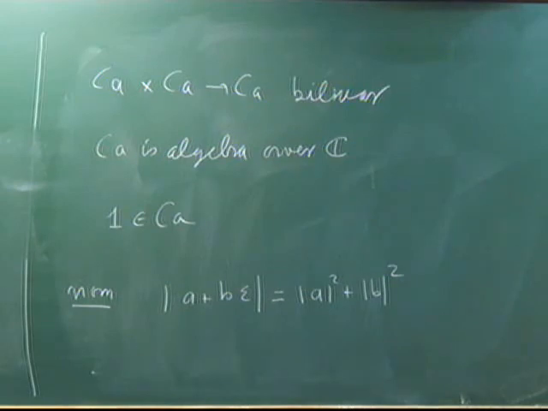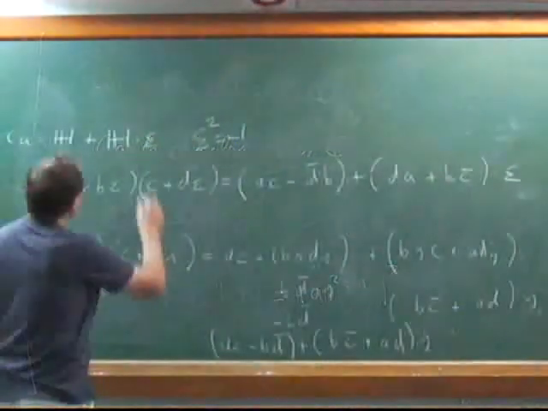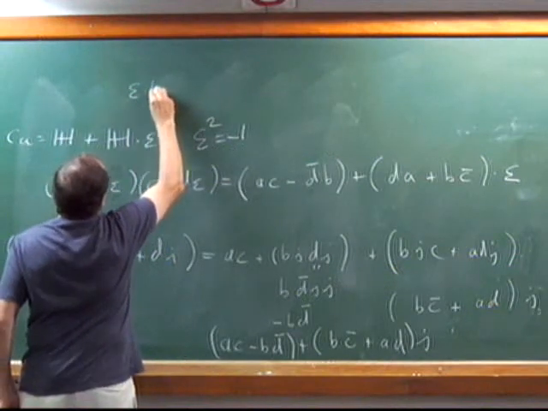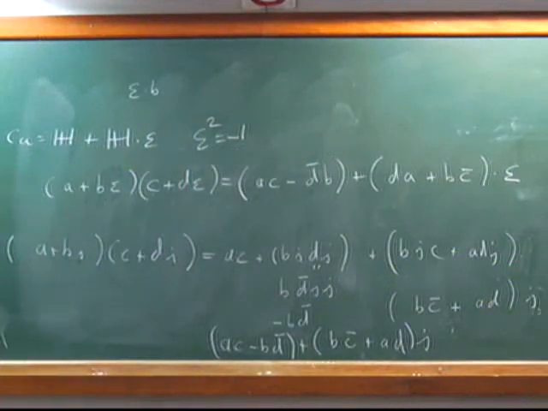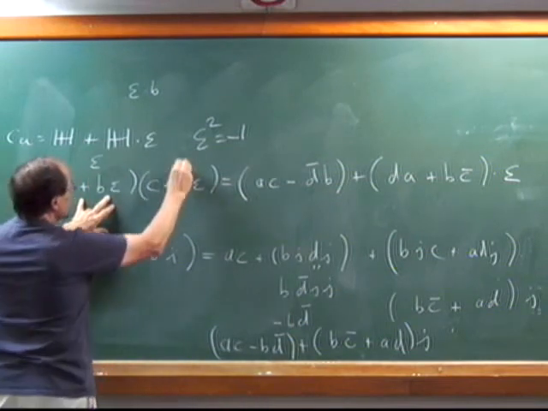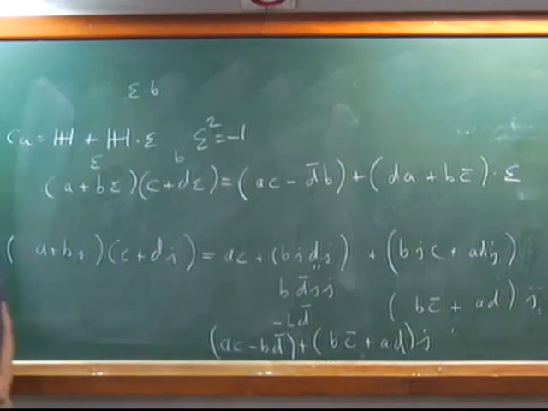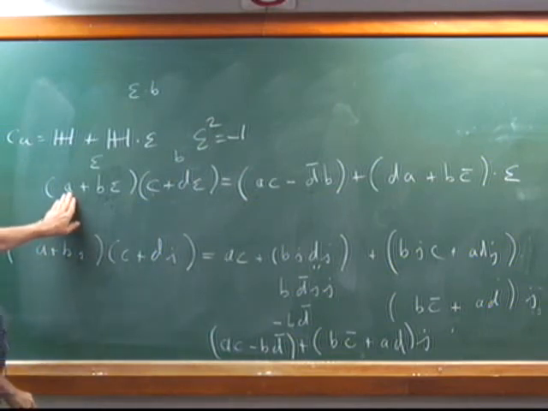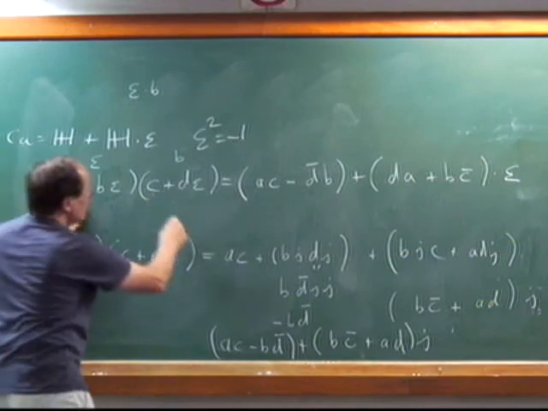So for example, what is epsilon times b? I have to interpret this as, this is epsilon, and this is b to multiply. So what does that mean? It means a is 0, and d is 0.